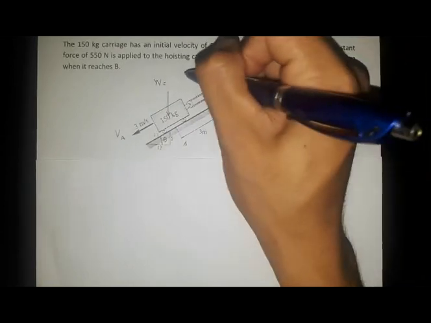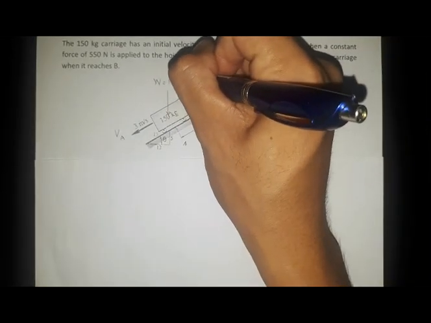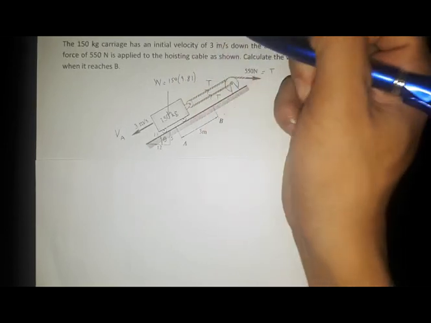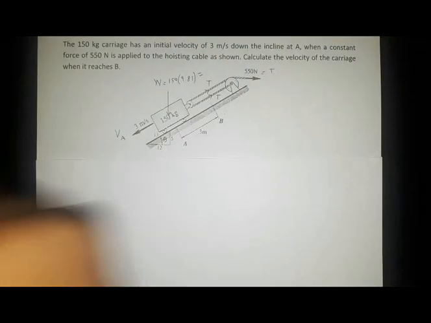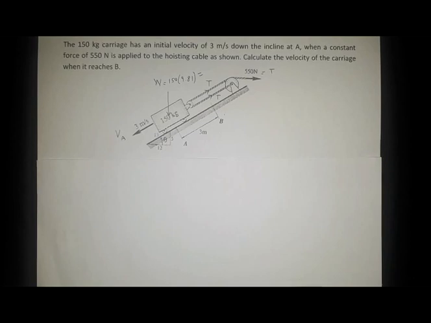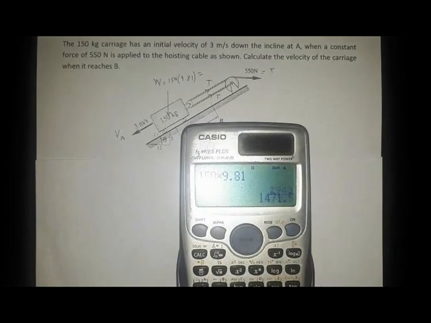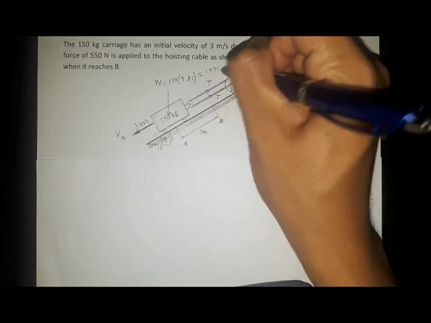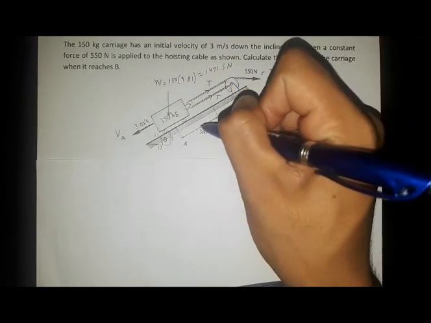Weight is equal to mass times gravity, or 150 times 9.81, and that is equal to 1,471.5 Newton.